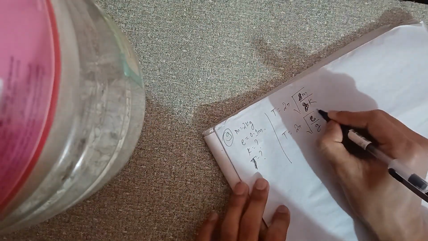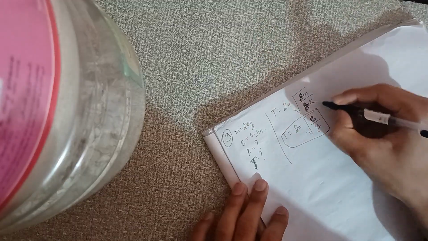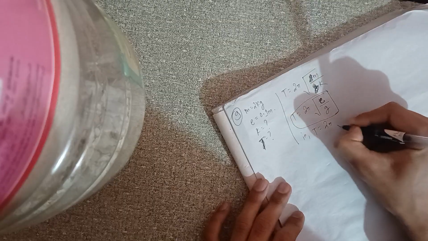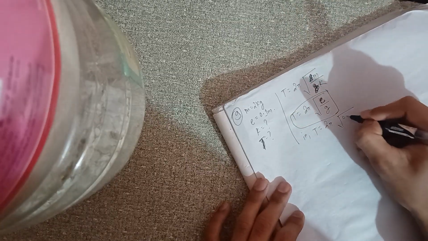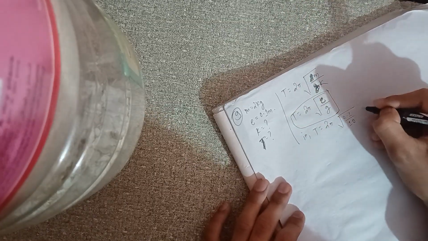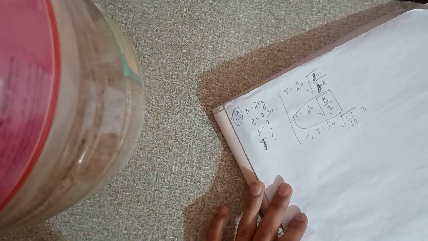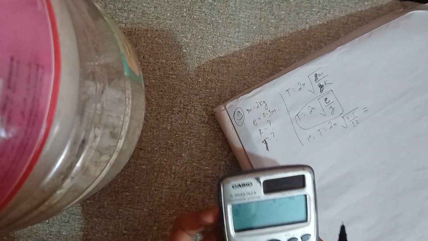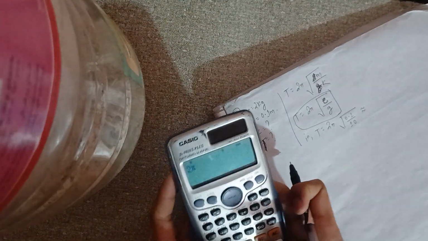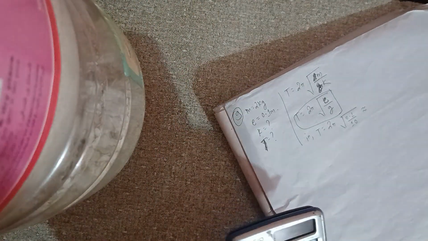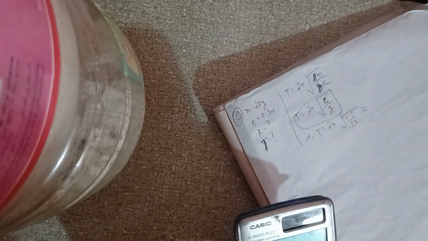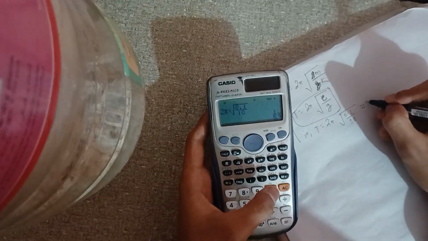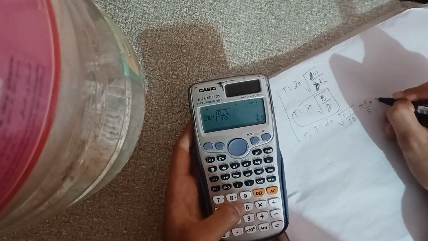So first we are using this to find out the value of T. That is, T will be equal to 2 pi under root E will be 0.1 and g will be 10. So this will give us 2 pi into root 0.1 by 10. This will give us 1 by 5 pi seconds.